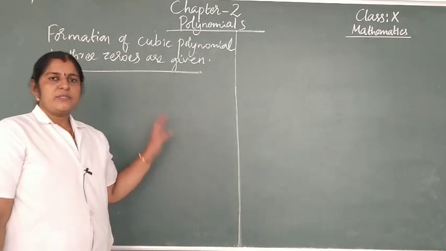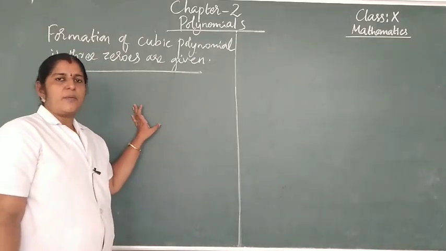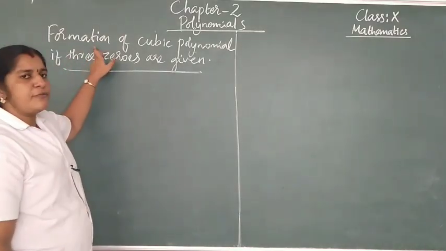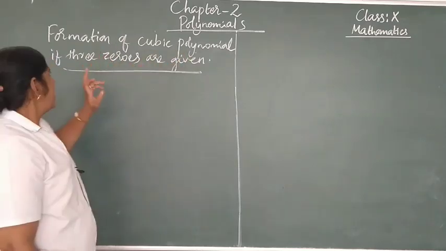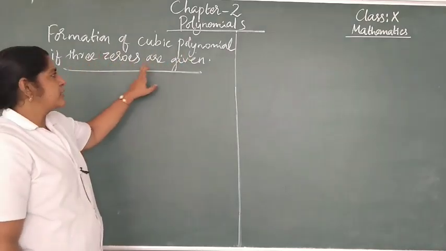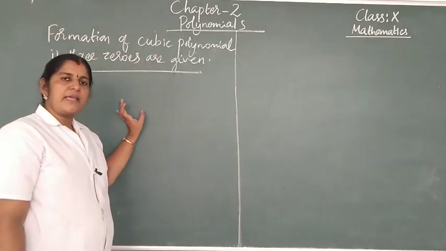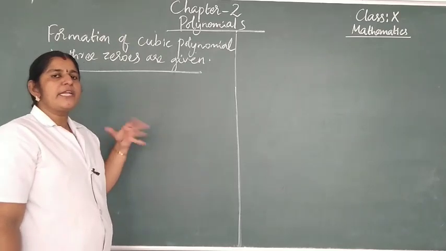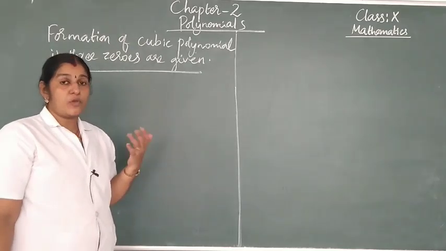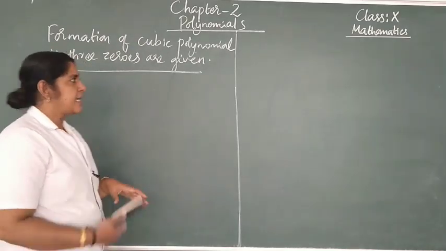Now we are moving to the last section of this topic, that is how to form a cubic polynomial. Formation of a cubic polynomial if 3 zeros are given. So when we are given the 3 zeros of the cubic polynomial, how we need to form the cubic polynomial, we are going to study here.